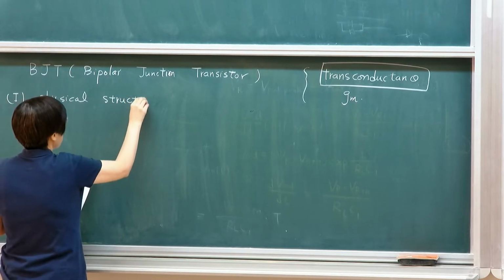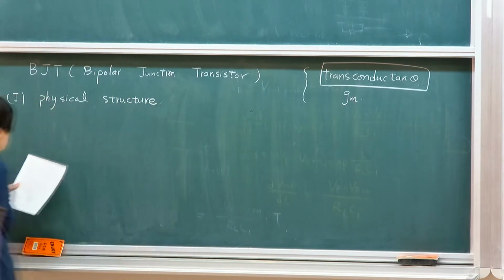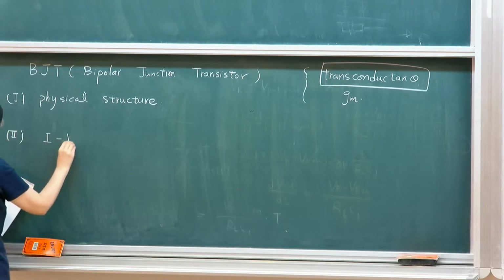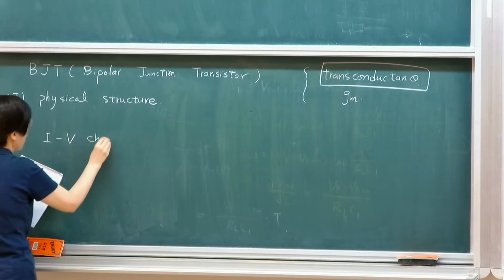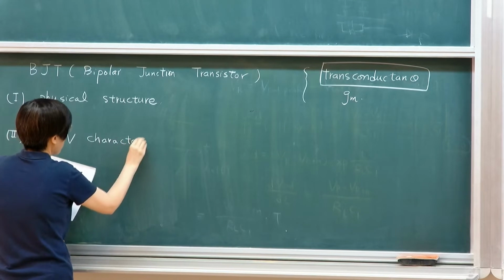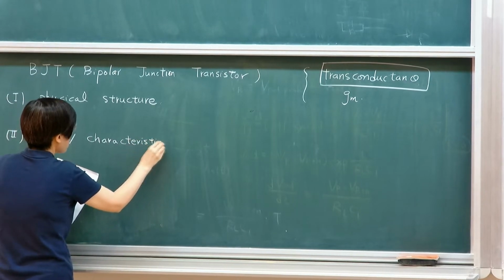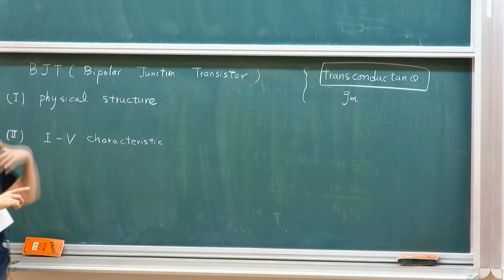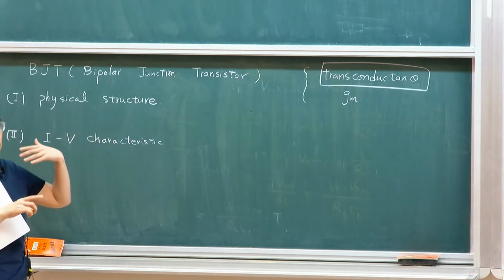We start with the physical structure, and then talk about why it provides a unique IV characteristic that allows us to use a third terminal. It's actually very interesting because with a diode, your current is controlled by the voltage across the diode. But now I want a voltage across one point to control the other point. That's the point of trans.